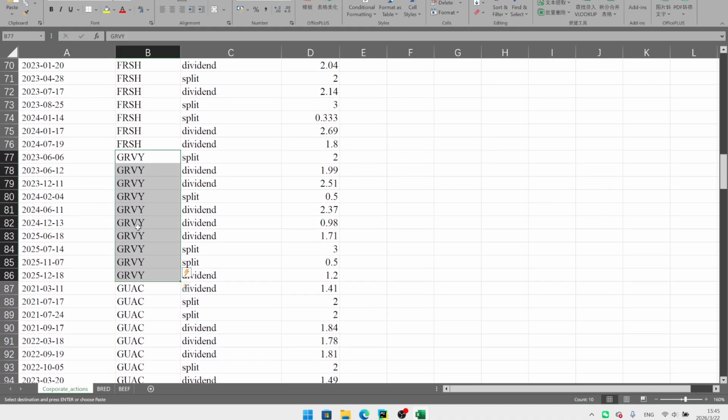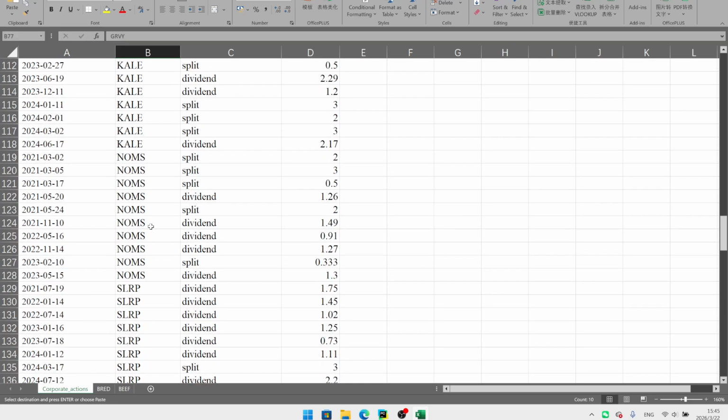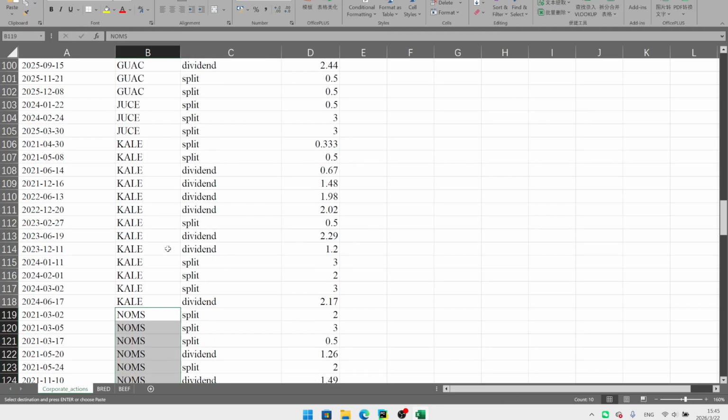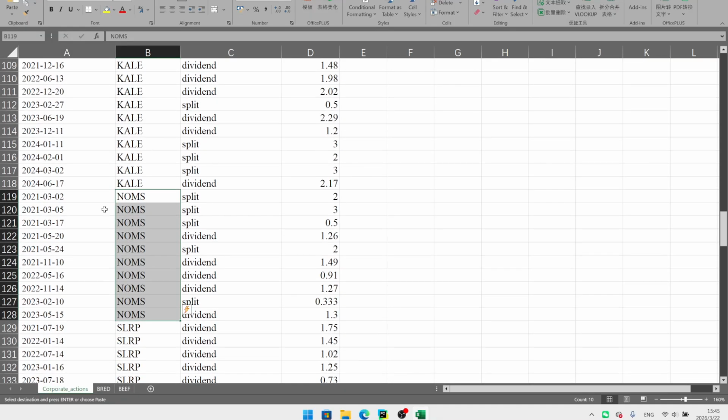One, two, three, four, five, 6, 7, 8, 9, 10. Choose 2, 3, 4, 5, 6, 7, 8, 9, 10. Okay, nomos is enough. So we use the nomos.